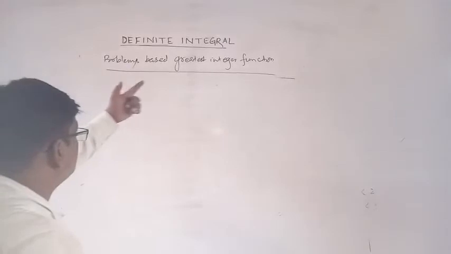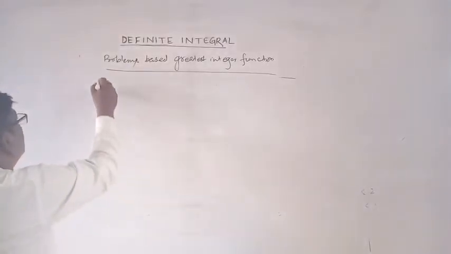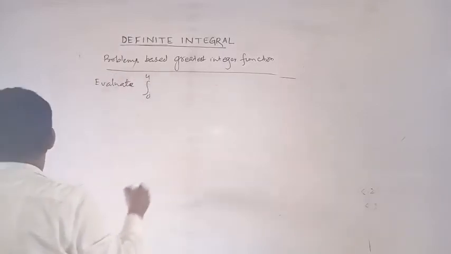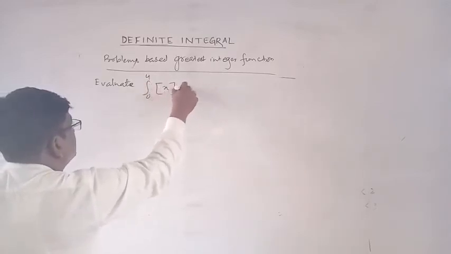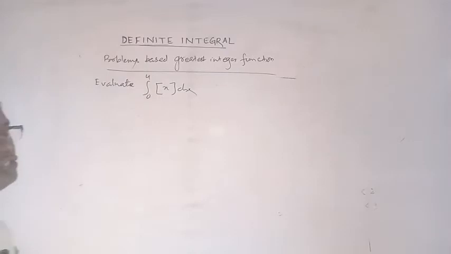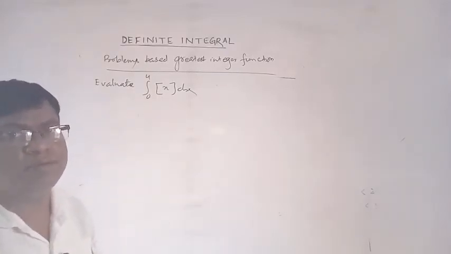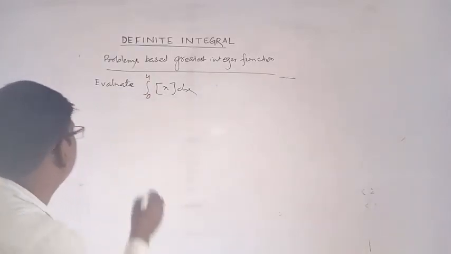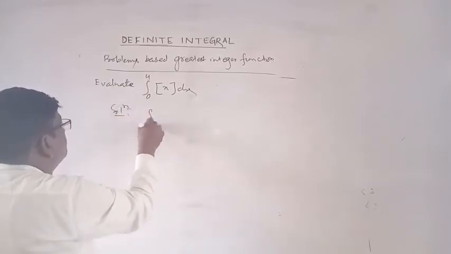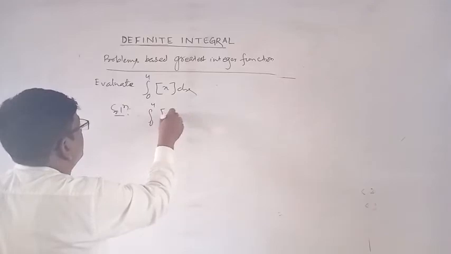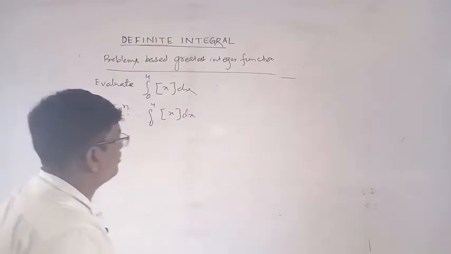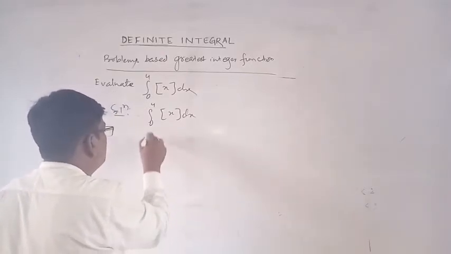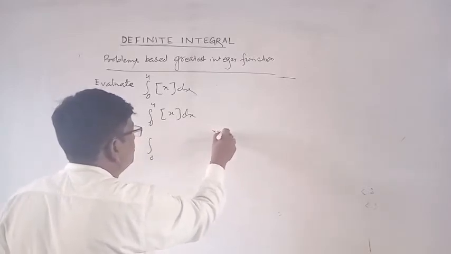Definite integral problem based on the greatest integer function. Evaluate the integral from 0 to 4 of bracketed x dx. First we break it: how many integers are possible between 0 and 4? We have x equal to 0 and x equal to 4.